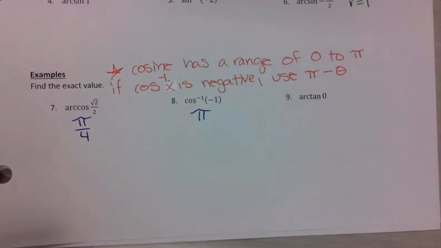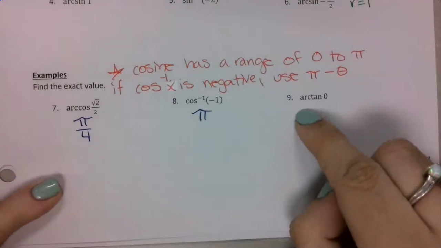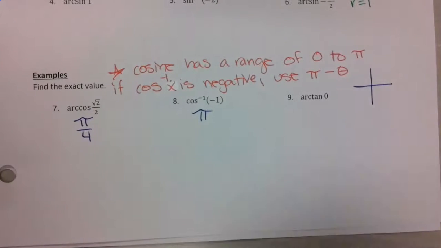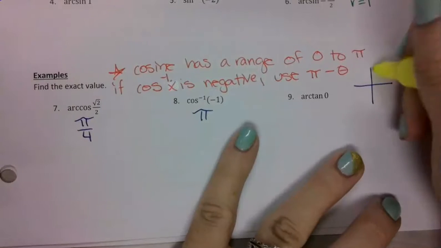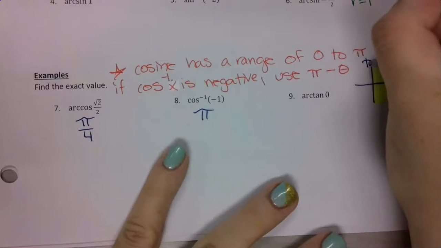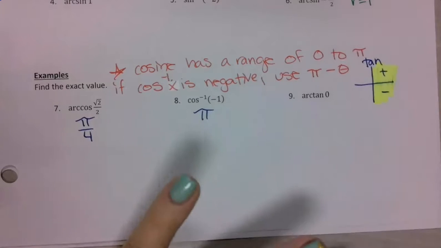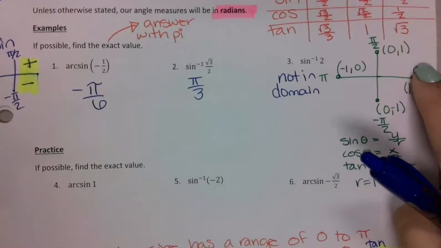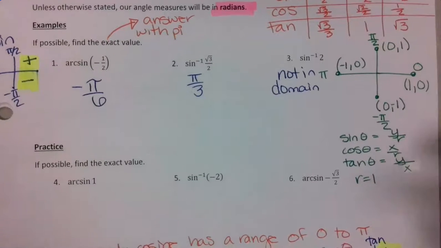Okay? And number 10. I'm looking for tangent to be 0. Remember, when I think about tangent, it matches the same quadrants as sine for my range. So, it's not on the chart for 0. Where would I get 0 using y divided by x?